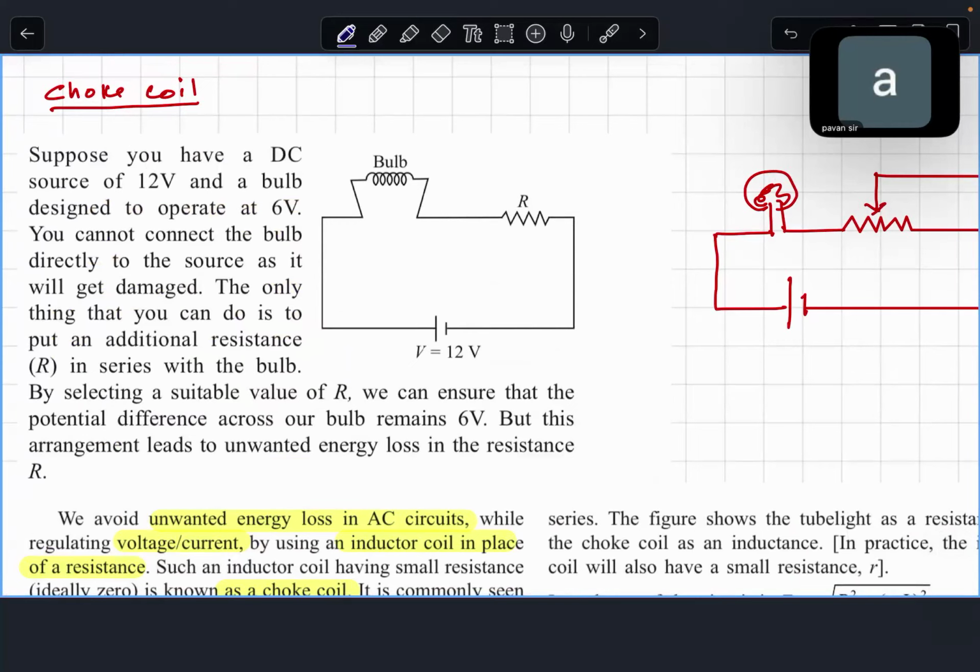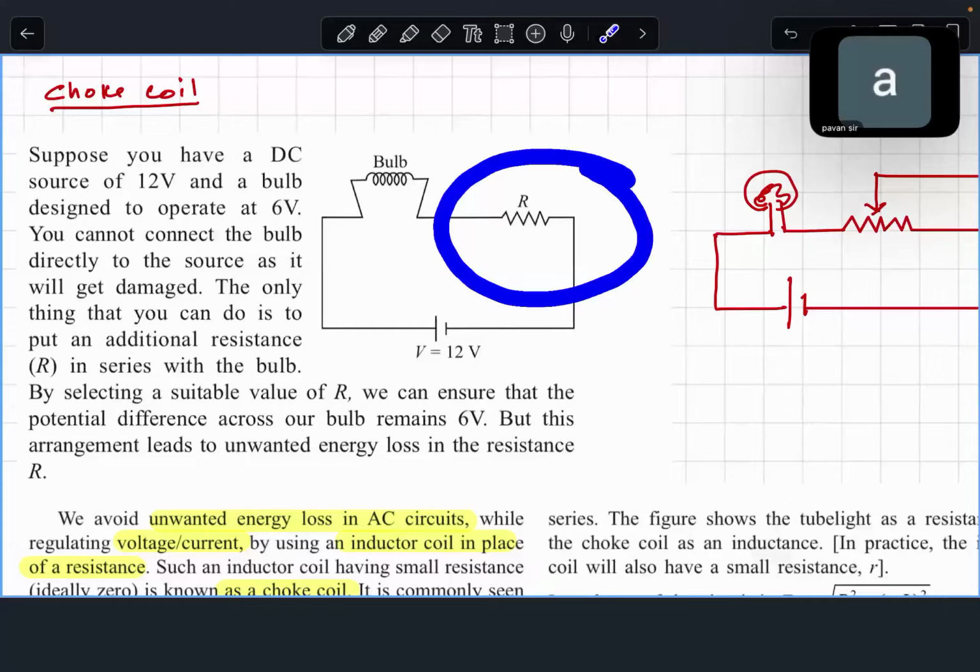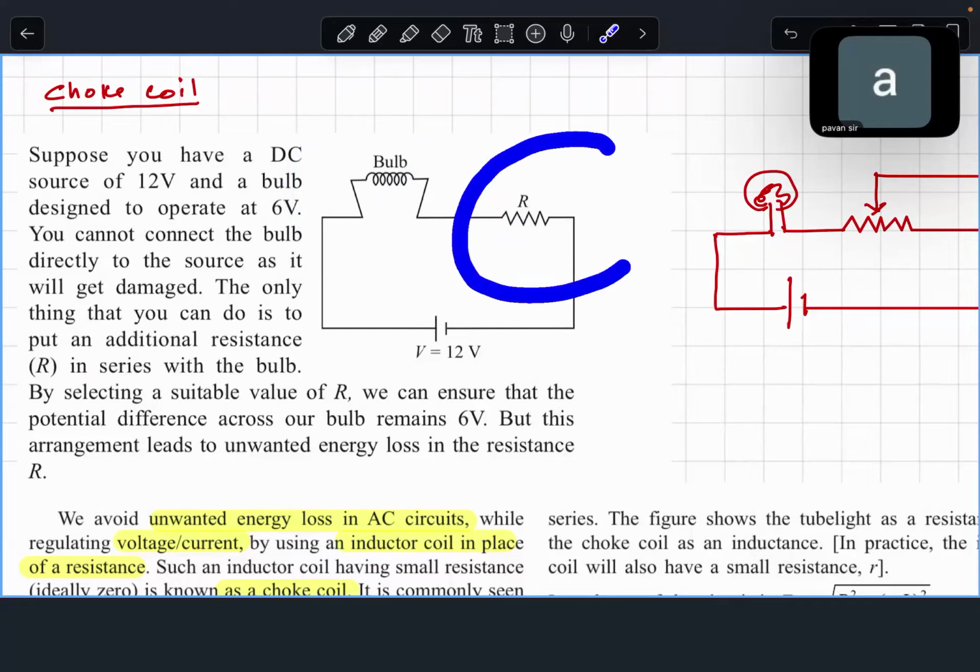You cannot connect the bulb directly to the source because it requires a drop of 6 volts somewhere else. So you require a resistance. As a result, even though your purpose is to glow this bulb, we are wasting an enormous amount of energy in the form of heat by passing current through that resistor. This is the DC situation, which is inevitable.